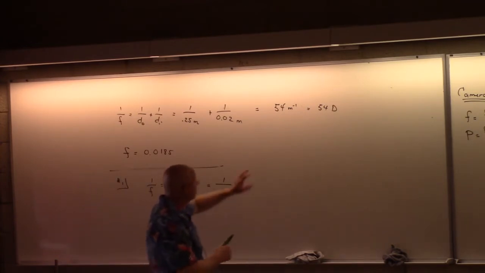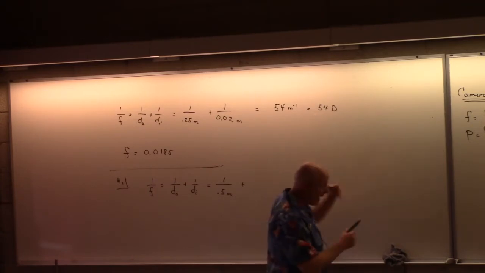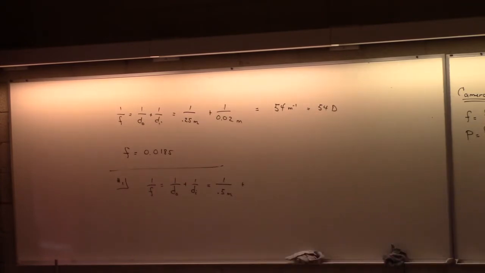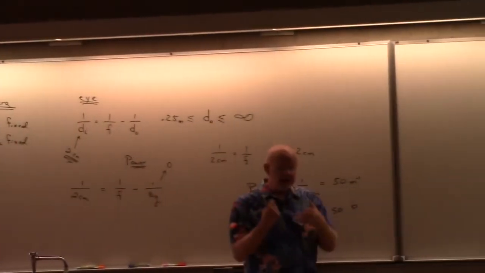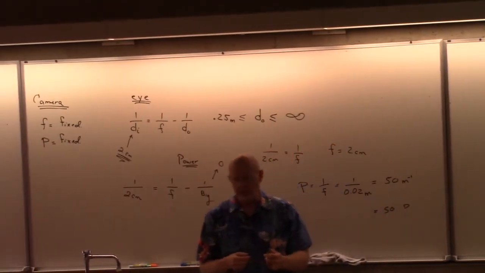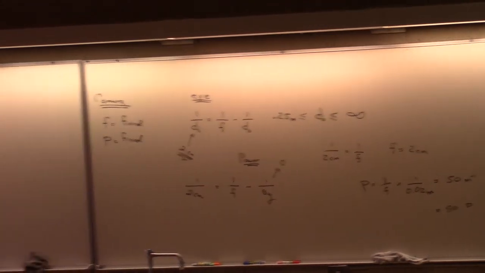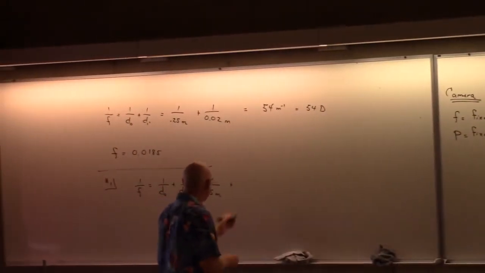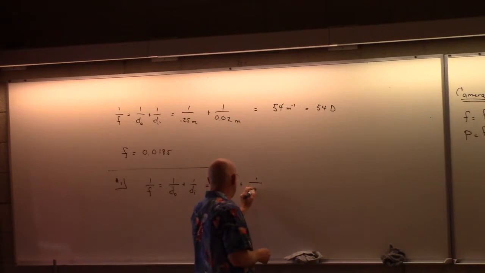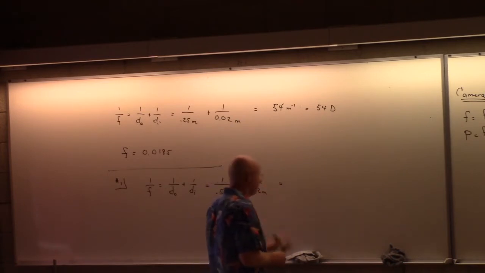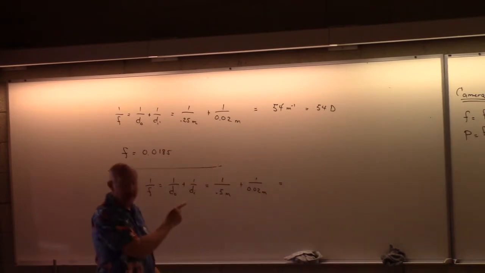As we said, for something close, you need a power of 54 diopters. Something far away, you need 50 diopters. This is something in between, so the power is somewhere between 50 and 54 diopters. But I do want to point out again that the image distance is not listed in that problem.